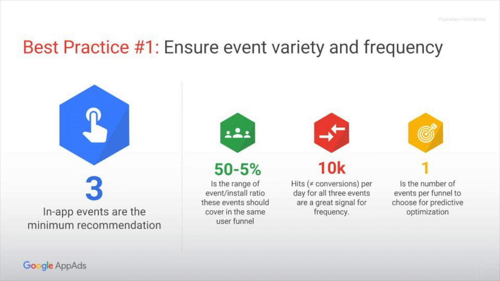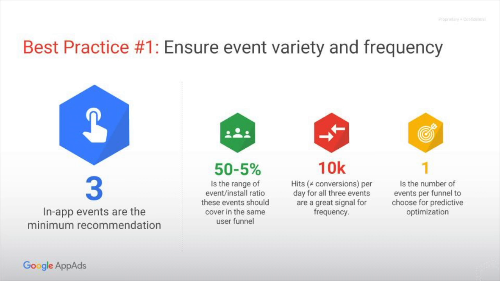And so we actually recommend a minimum of 3 in-app events that you're reporting to AdWords. And then frequency is also important. You shouldn't be picking an event that is so rare, such as reaching level 100 that only a couple of your users get to, because then that's not really frequent enough to make any difference for our optimization.